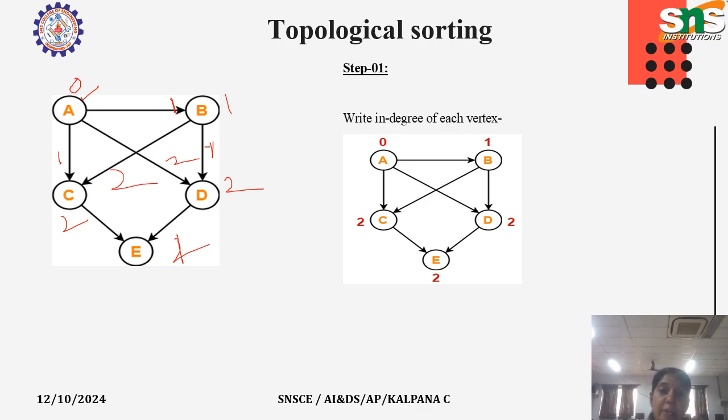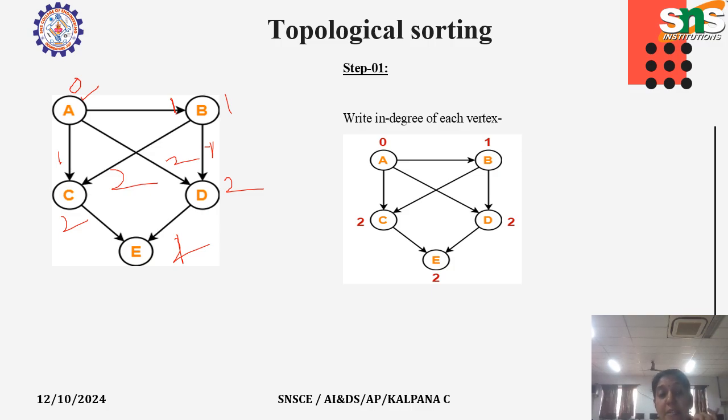Once again I will repeat what topological sorting is. Here we are going to order the vertices. In case you are going to order any processes, which process should come first and which second, we can perform topological sorting or topological ordering on a given graph. As a first step we identify the in degree of each node.